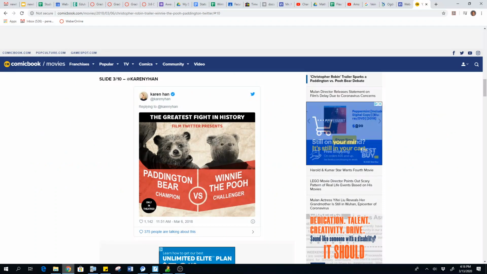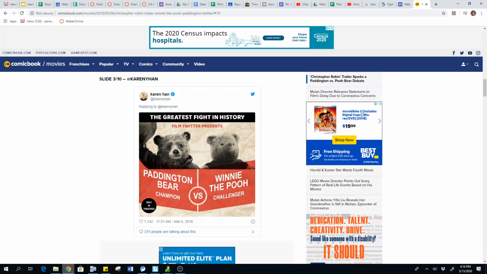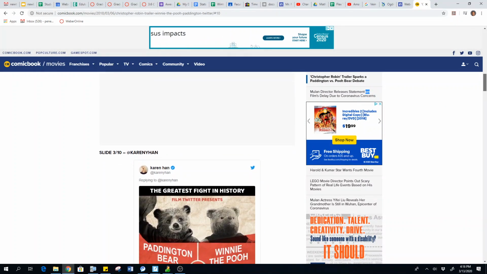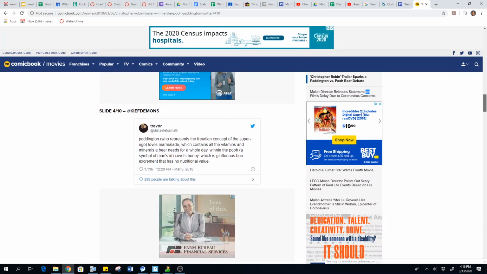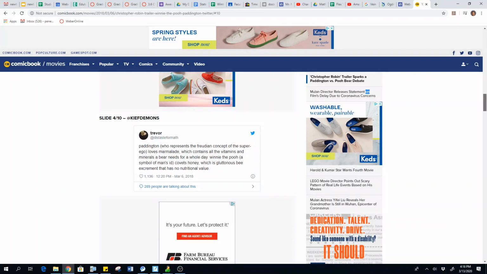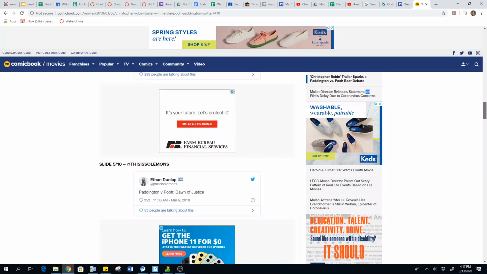But before we do, let's talk about the debate, Paddington Bear versus Winnie the Pooh. Oh man, I couldn't find any videos like I tried to for you guys. So, Paddington represents the Freudian concept of superego, loves marmalade, which contains all the vitamins and minerals. Pooh Bear covets honey, which is gluttonous bee excrement, no nutritional value.